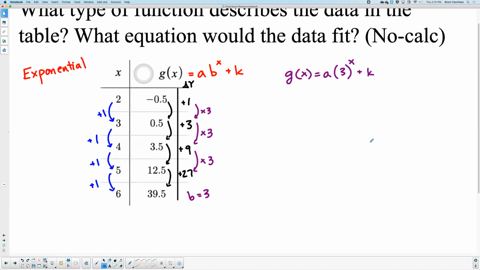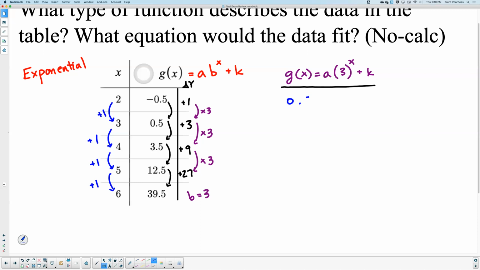So how can I solve from here? We can plug in some points. Which point do y'all want to plug in first? Do you want to do this one or ignore the negative and go to the next one? Start with 3? Deal with positives? Okay, the 0.5, what is that value? The y.